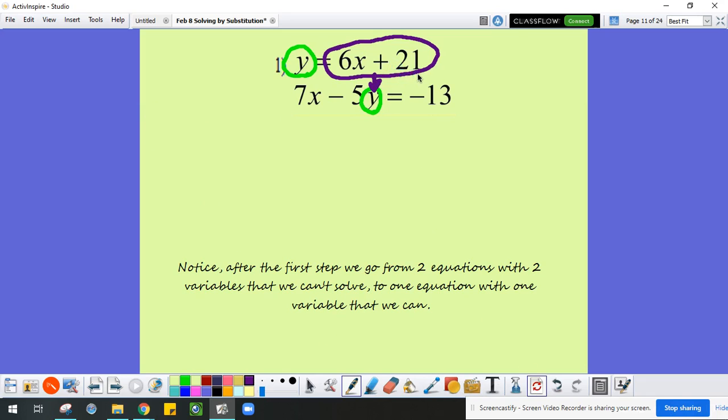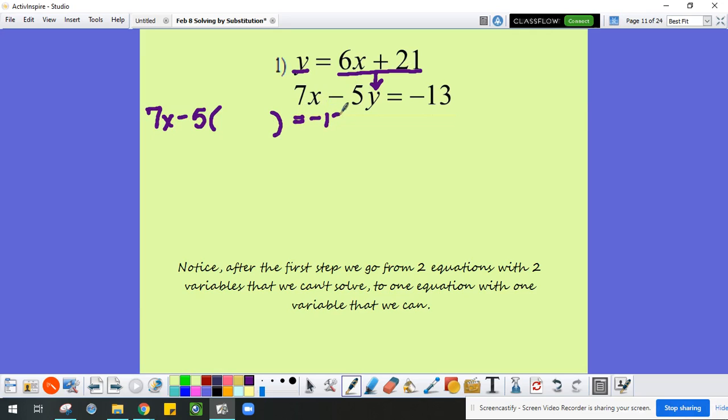So 7x minus 5, and you need to put big parentheses because you're going to put a big phrase in there, equals -13. So 7x minus 5y equals -13. In the place of y, we're going to put 6x plus 21.